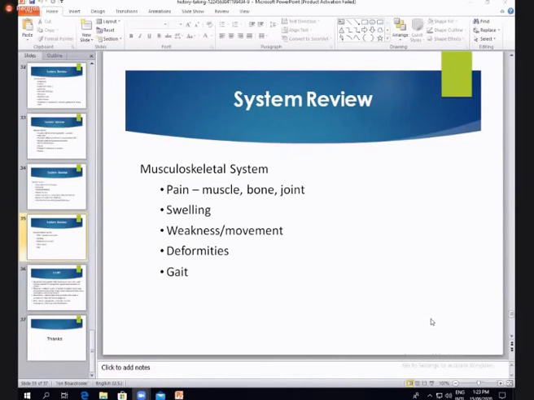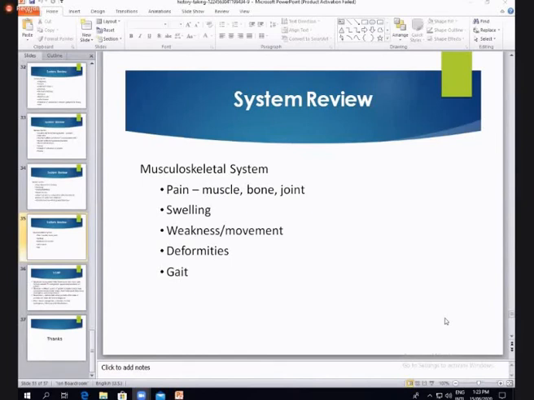The musculoskeletal system should be dealt with in a way that includes the pain, muscle, bone, and joint. All three domains should be elaborated in detail. Swelling, weakness, movements, deformities, and gait disturbances.